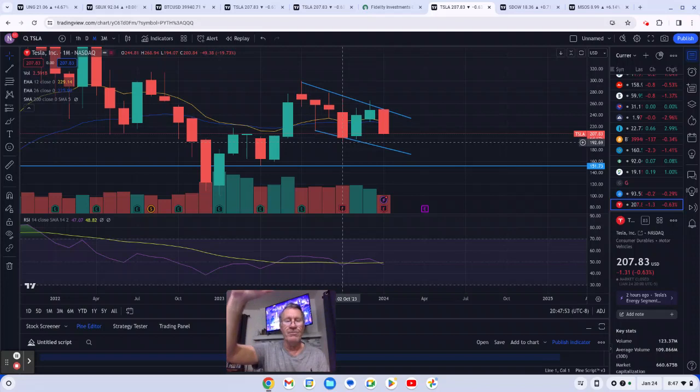Then at some point we pull back, but we pull back above whatever that low was, and then we have to go to a higher price. Then that will potentially be the new monthly higher low, maybe the weekly higher low, maybe the daily trend change. So that's what I'm looking for.